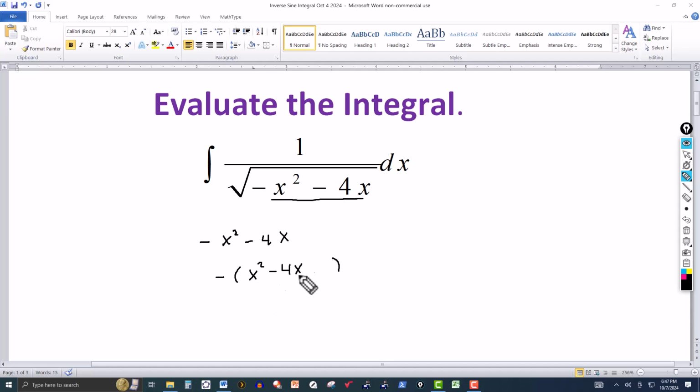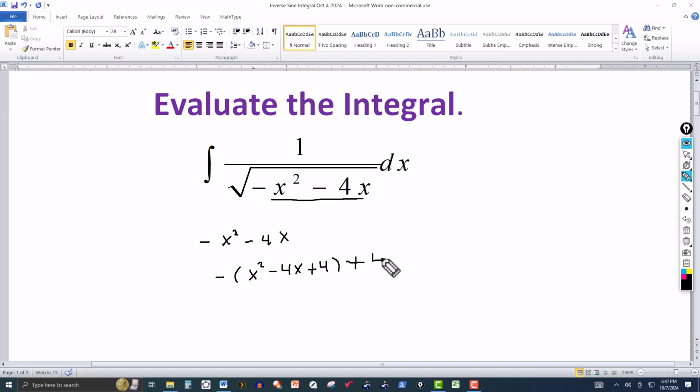I'm going to see if I can complete the square on this one. If I put a 4 here, that's a perfect square. That would be x minus 2 quantity squared. X minus 2 times x minus 2 gives us x squared minus 4x plus 4. But if I put a 4, now I'm multiplying that 4 by a minus. So I'm actually adding a minus 4.